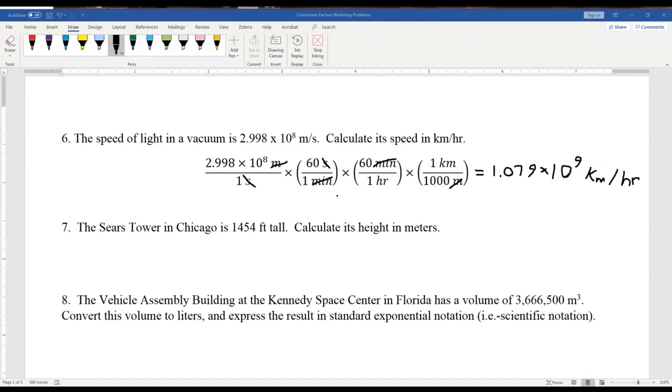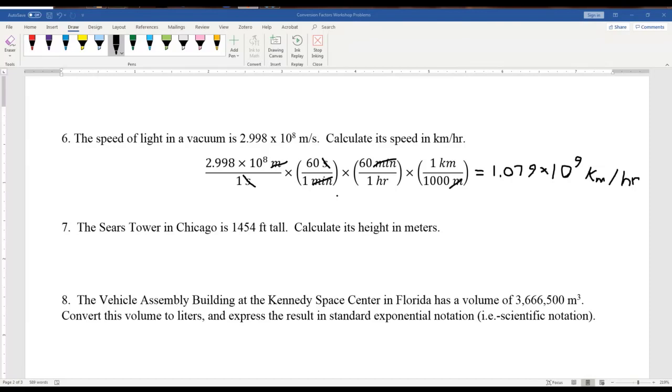I did it twice, 2.998 times 10 to the 8th, and then times 60 divided by 1,000. Yeah, I still come out with 1.89. Maybe my calculator's messed up.